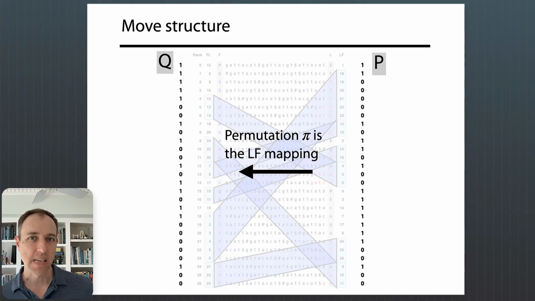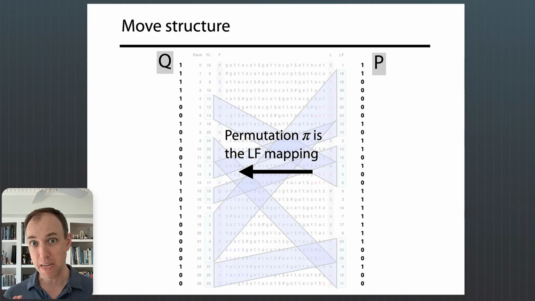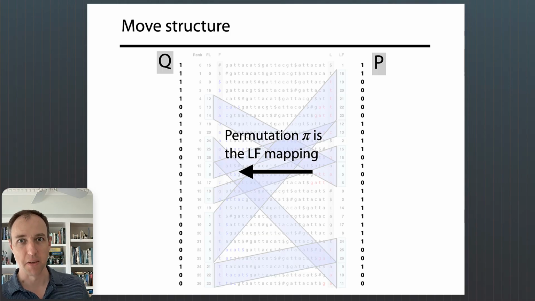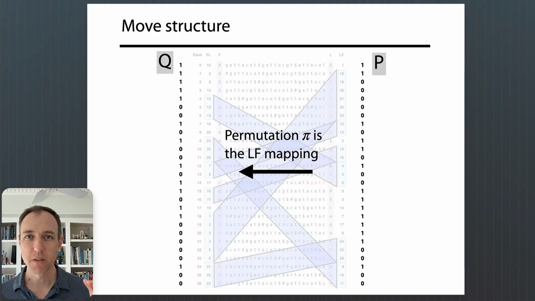And in this case, that's the LF mapping, because we assigned P to the L column and Q to the F column. So when we move through the permutation, we're moving from L to F. Okay, but, and maybe you see this coming, we don't have to do this, right? We could have assigned P and Q the opposite way.